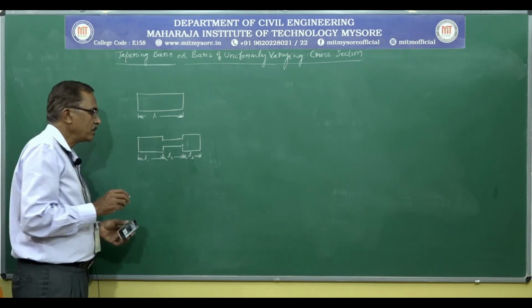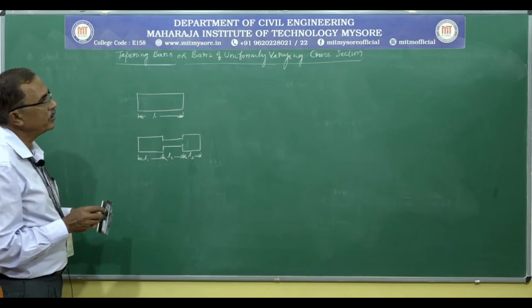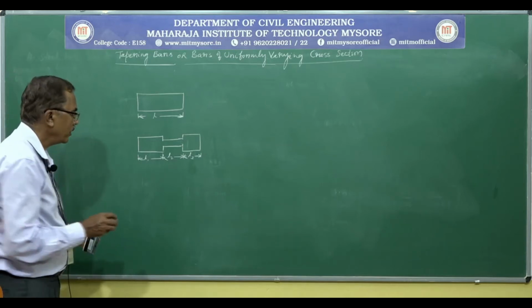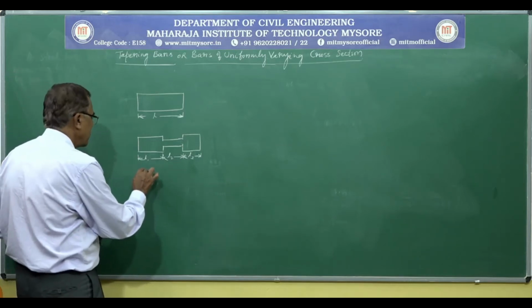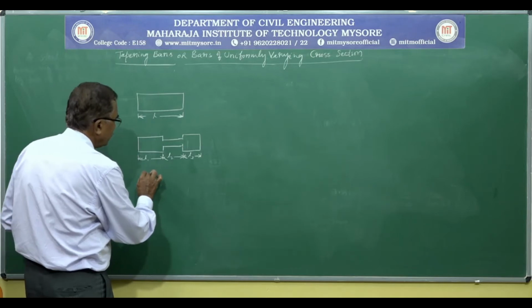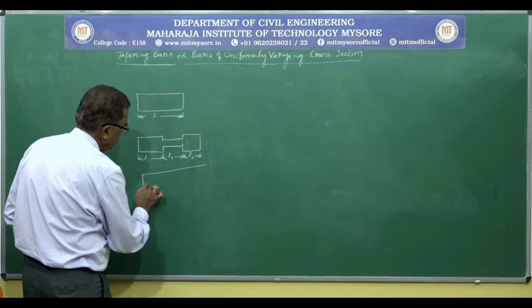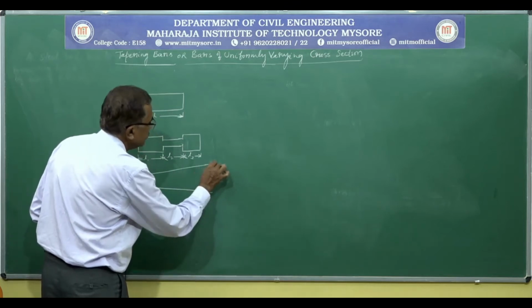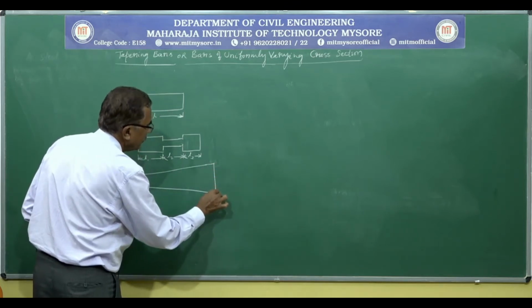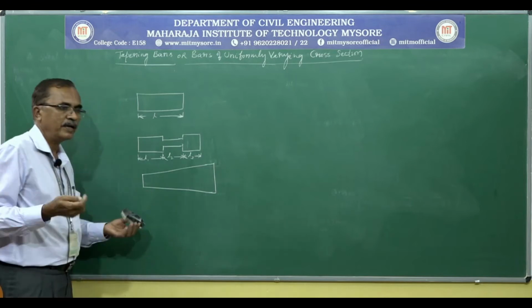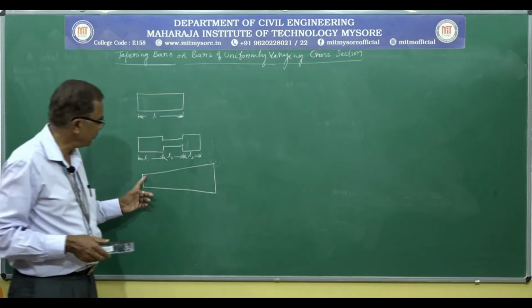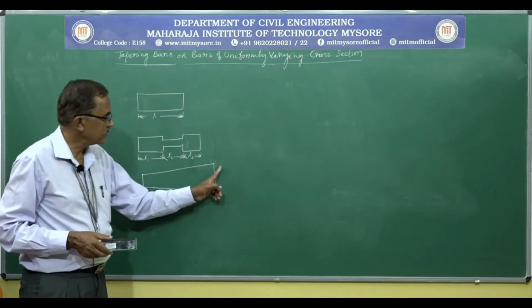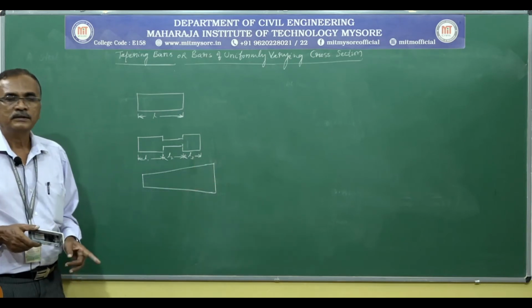In practice, we may also come across a bar of uniformly varying cross section. Bar of uniformly varying cross section means the cross sections will be like this, whose one section is with a constant dimension. It varies uniformly from one cross section to the other.